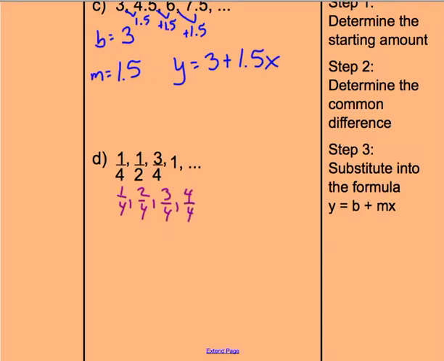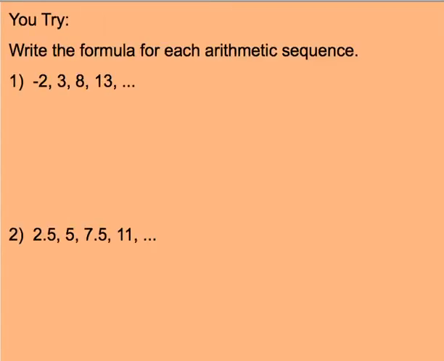Now it's much easier to find that common difference. So our starting term is 1/4, and it's much easier to see we're adding 1/4 to each previous term. So our equation is going to be 1/4 plus 1/4 x. And here are your try problems.